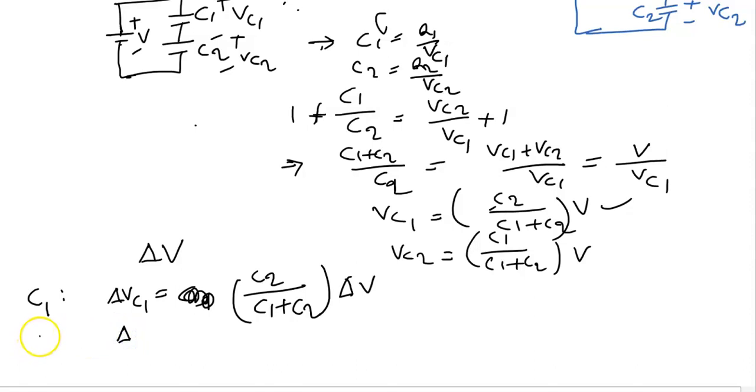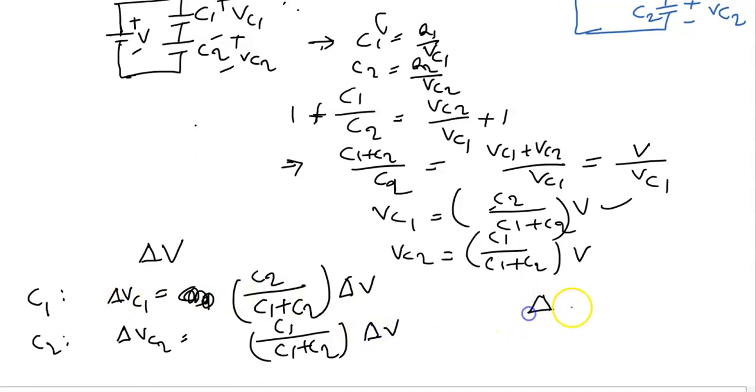And similarly, the change in voltage for C2 will be C1 upon C1 plus C2 into del V. You add them together: del V C1 plus del V C2 is equal to the overall change across both the capacitors. You will find the same del V.